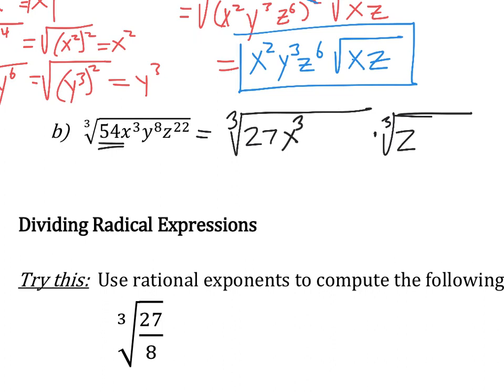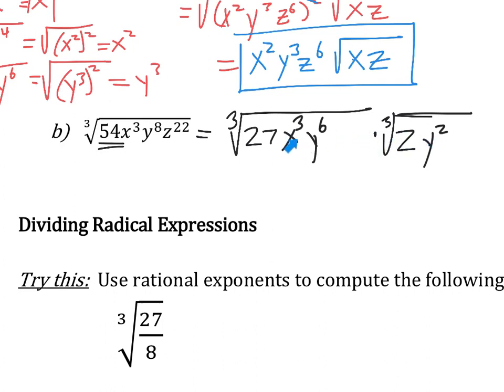What about y? Well, we can't take the cube root of y to the 8th. The power that we're going to keep needs to be a multiple of 3, and we'll see why in a second. So the largest multiple of 3 less than 8 is 6. So I'm going to put y to the 6th here, but I need to put my leftovers here, and so that's y to the 2nd. We're multiplying y to the 6th times y to the 2nd.